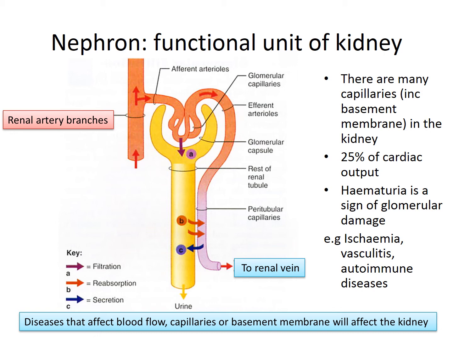But for the nephron to function, it needs to receive filtrate from the blood. So we're now going to start with the blood. You can see that we've got branches of the renal artery over there on the left of the diagram, which are going to branch and branch and branch as they enter the kidney to finally produce very, very small arteries, arterioles, which then form a loop encapsulated by this glomerular capsule or Bowman's capsule.